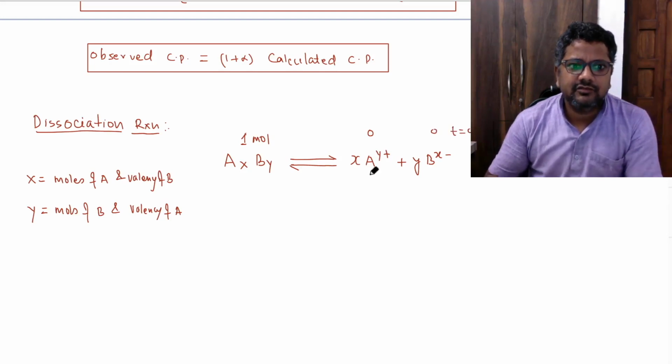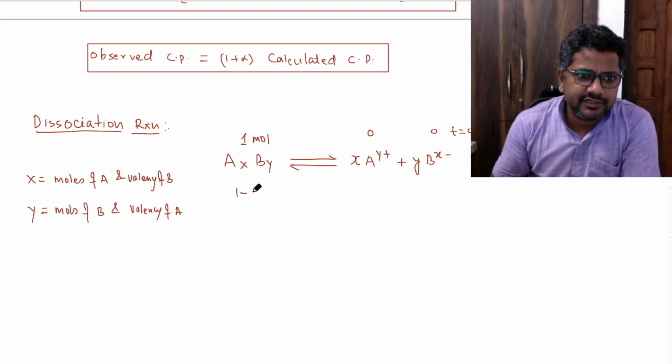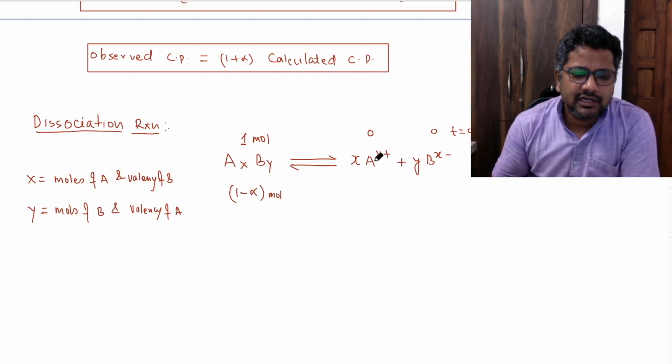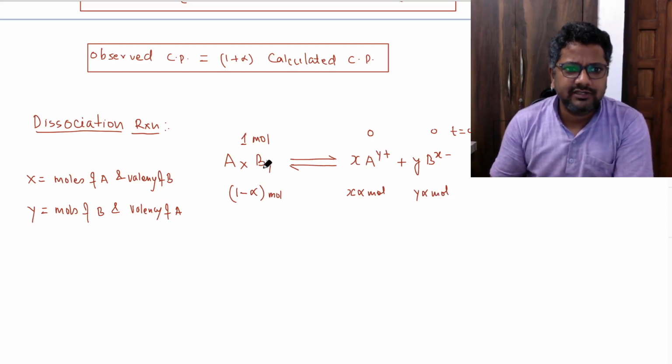After mixing, I am assuming there is no complete dissociation of this salt, so alpha moles dissociated, the left moles are 1 minus alpha, and they form x alpha moles and y alpha moles. Because if 1 mole completely dissociates, we get x moles and y moles. So once alpha moles dissociated, we get x alpha moles of this and y alpha moles of this.